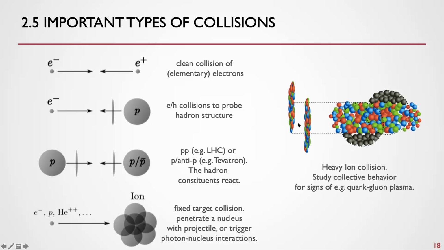If these are large-scale systems, then the focus of the study is less on the fundamental interactions, less on the interactions of the quarks and the gluons, but rather on the collective behavior. So here I try to depict Lorentz contracted heavy ions. One comes from the left, the other one comes from the right.